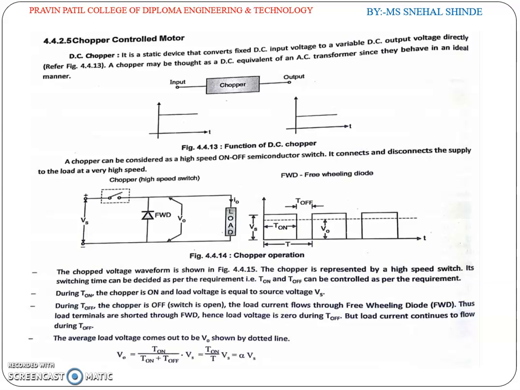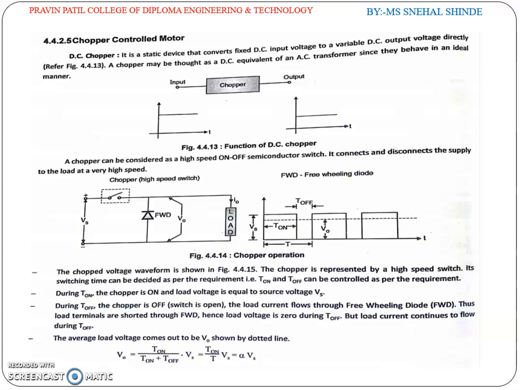During T on, the chopper is on and the load voltage is equal to the source voltage Vs. During T off, the chopper is off, that is, the switch is open, and the load current flows through the freewheeling diode. Thus, the load terminals are shorted through the freewheeling diode. Hence, the load voltage is 0 during T off, but the load current continues to flow.